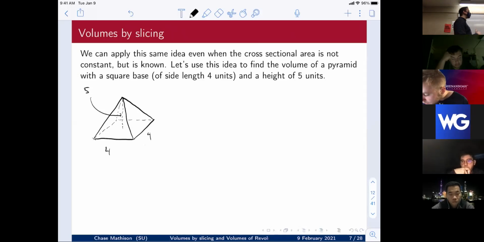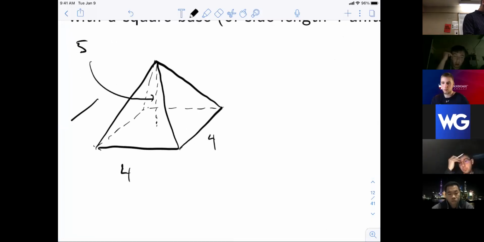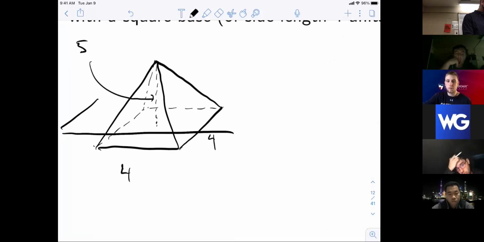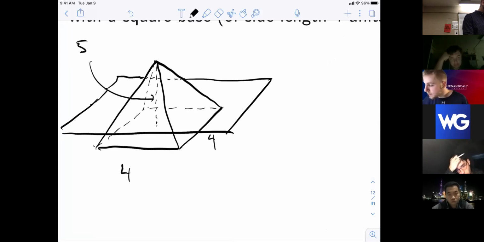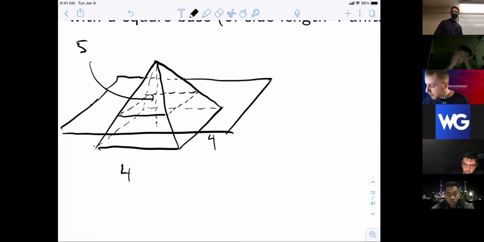We could take horizontal slices. What would horizontal slices look like? In other words, slices parallel to the base. Yeah, those cross sections would all be squares, right? So if I cut this pyramid parallel to its base, I would end up with a cross section that looks like a square.